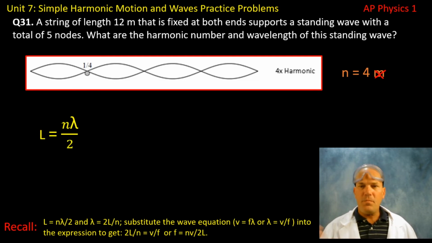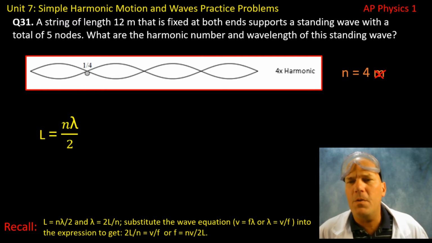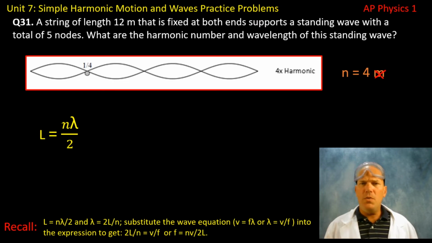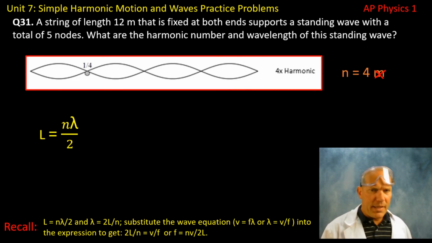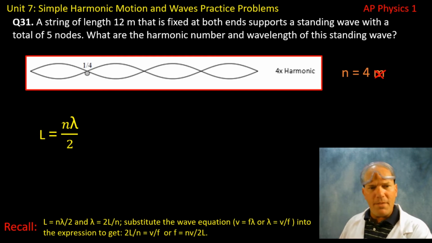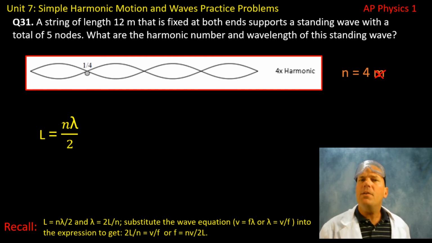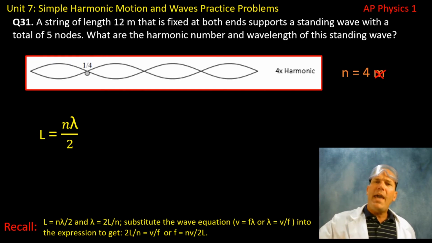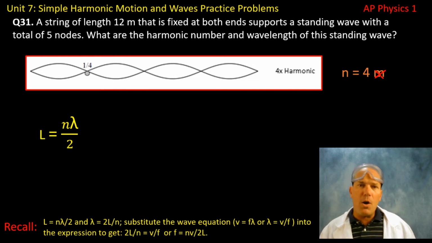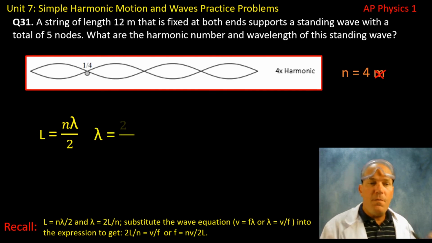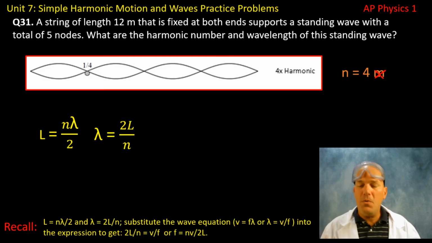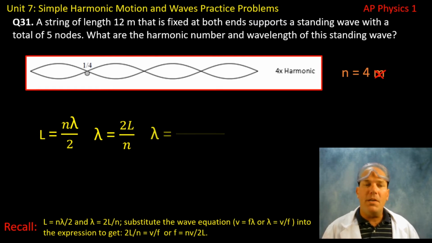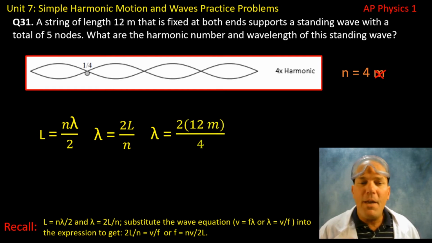And then what is the wavelength for this string? We can use a number of our equations that relate the length of the string to the wavelength. I have here that the length of the string is equal to 1/2 lambda multiplied by the harmonic number, and our harmonic number is 4. If we plug in numbers here, we can solve for lambda.